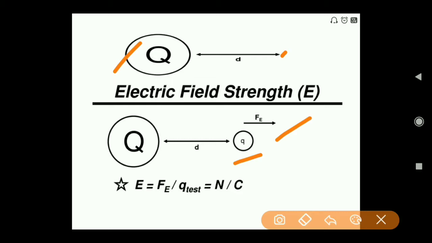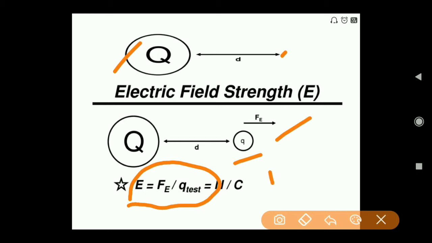So what is the definition? The definition is E is equal to Fe by Q test, or in other words, the electric field intensity at that point is the force experienced by the test charge. So if you see this formula E is equal to Fe upon Q test, in the definition we are saying the force acting on the test charge. So both are the same thing because the Q test magnitude is 1.